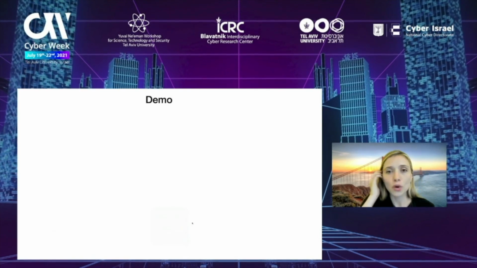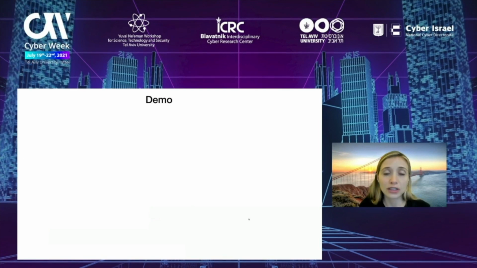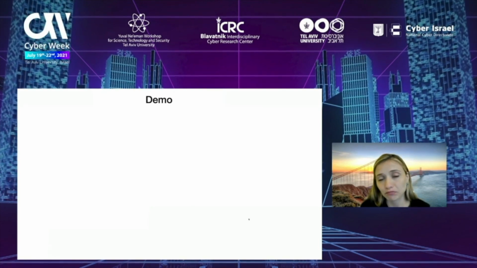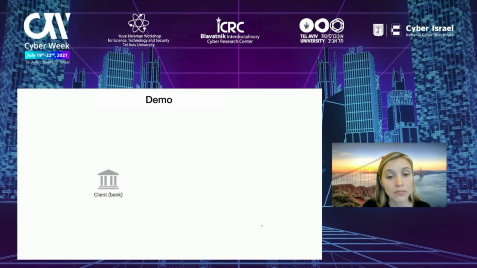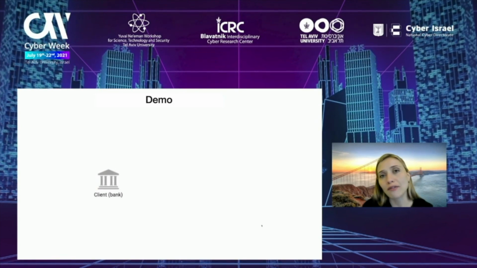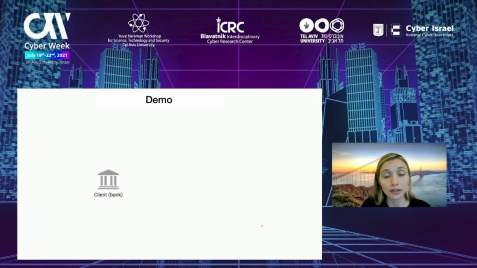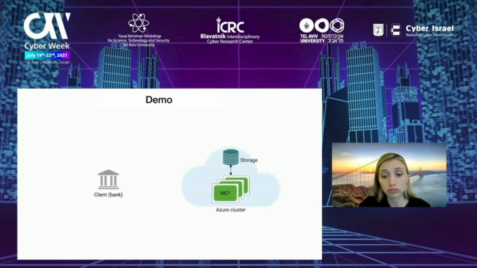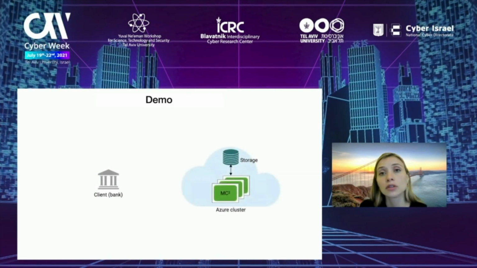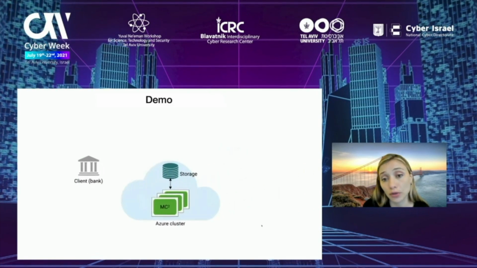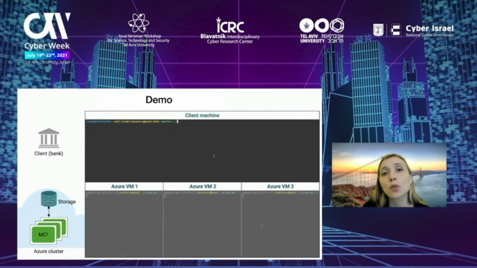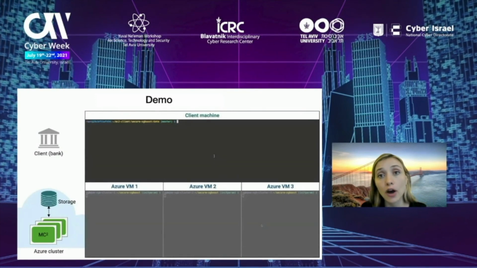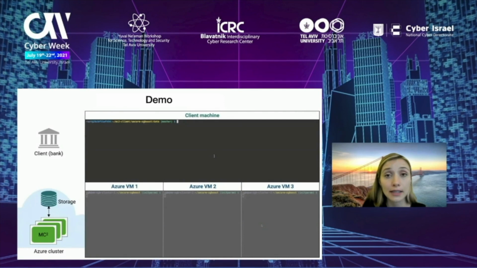All right, so in this demo, we're going to have the MC² client installed on the premises of a bank. Also, we're going to have a deployment of MC² on an Azure cluster, in this case, Azure Confidential Computing. On the top screen, you're going to see the inner workings of the client machine and the output and what it does on the client side.